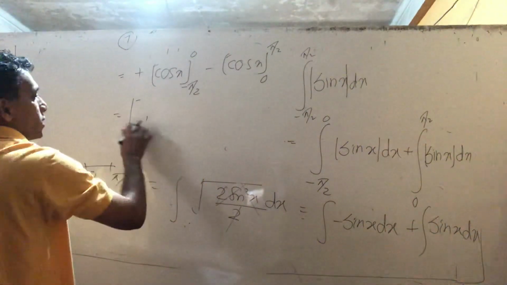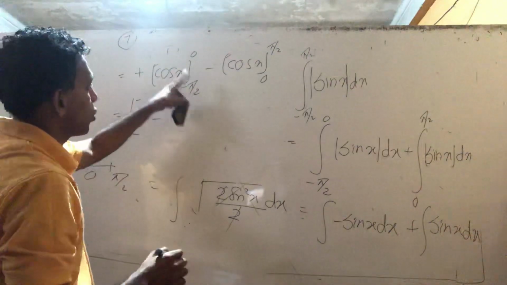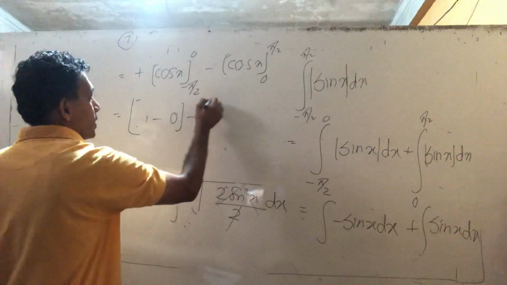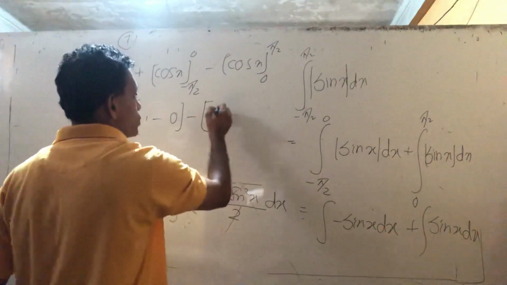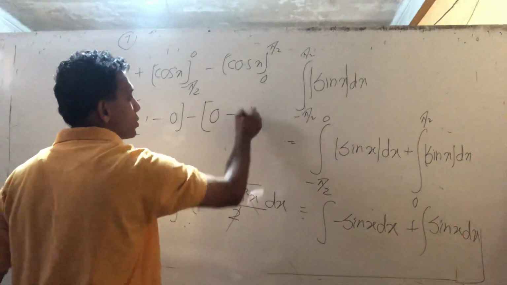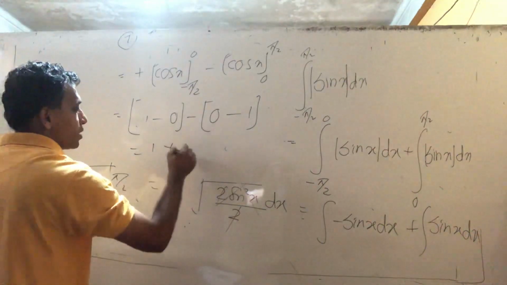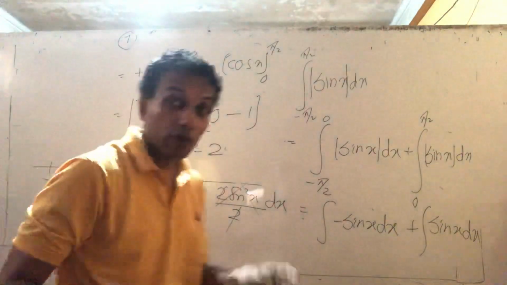Cos 0 is 1 minus cos 90 is 0, minus cos pi by 2 is 0 minus cos 0 is 1. So 1 minus 1. Therefore, I work 2 times this.